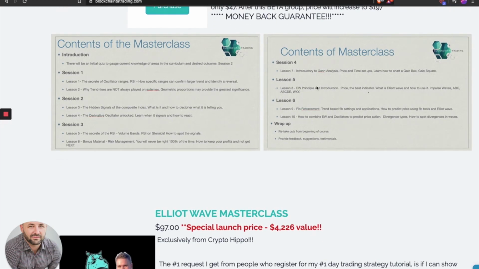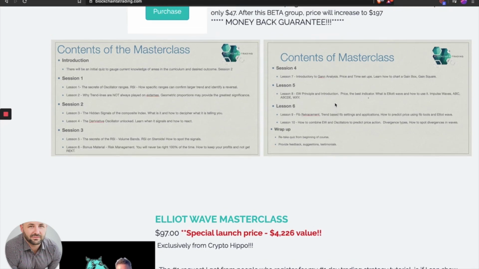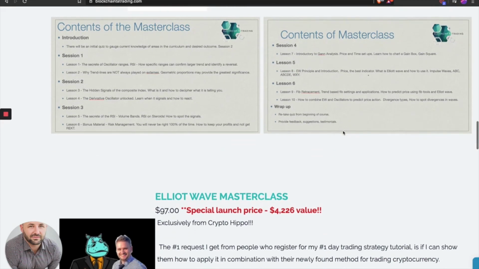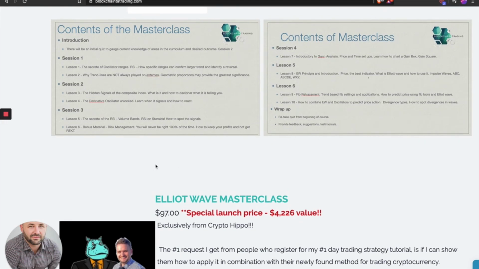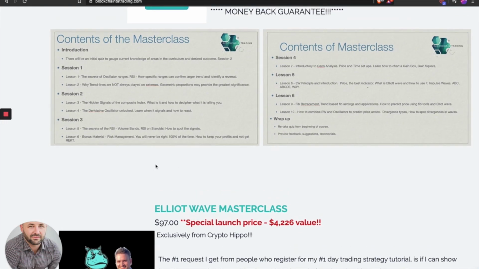Session 4 is going to be an introduction to Gann analysis. Lesson 5, we're going to look at more of the Elliott Wave principle and applications. And then 6, we're going to go into more of the Fib retracements and how to combine Elliott Wave with the oscillators to help predict the price action. So pretty interesting stuff, it covers a lot of different things that I honestly look at on a daily basis, and I'll actually cover a few of those things here in the video.